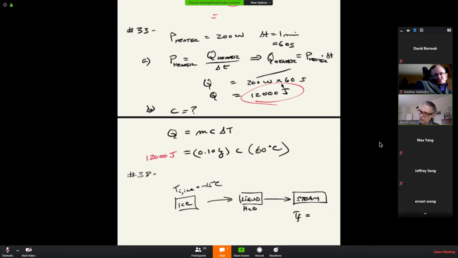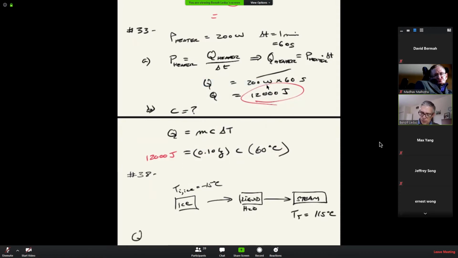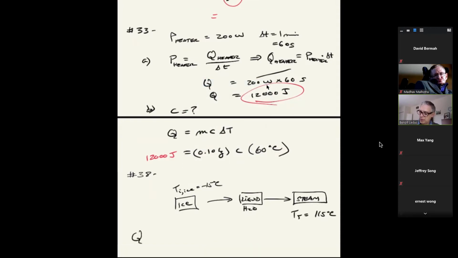The final temperature, I'll put as T here. It's 115 degrees Celsius. So you want the total amount of heat required. Once again, you need to raise the ice from minus 15 degrees Celsius to 0 degrees Celsius, and then you have to melt it.